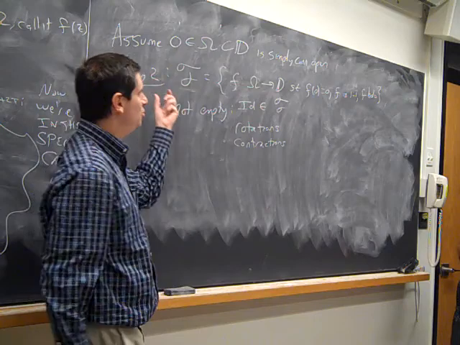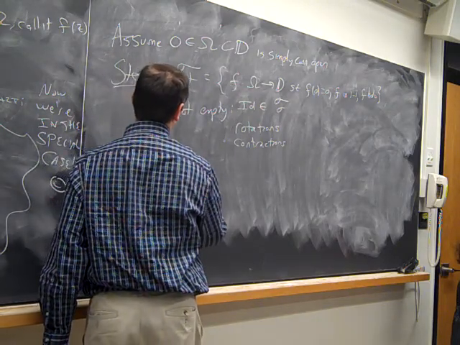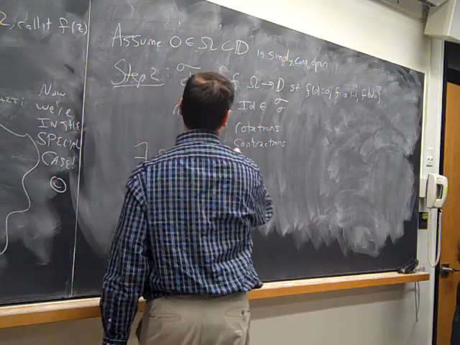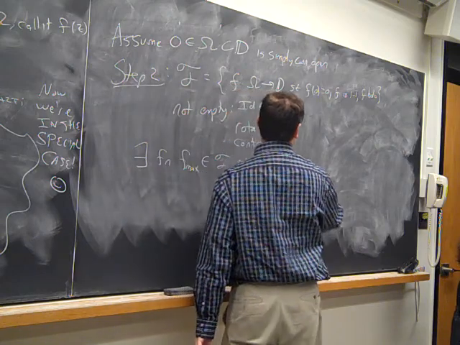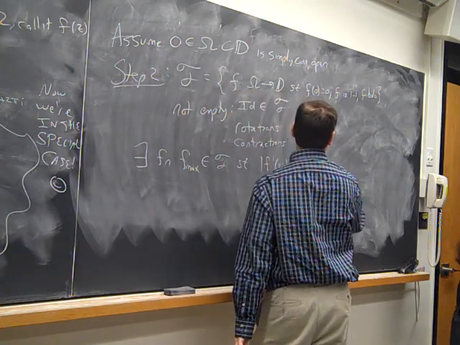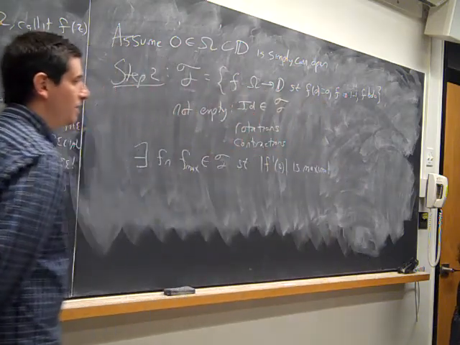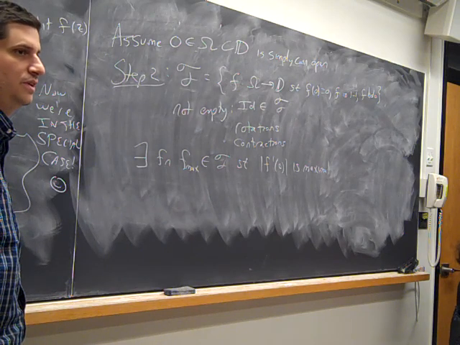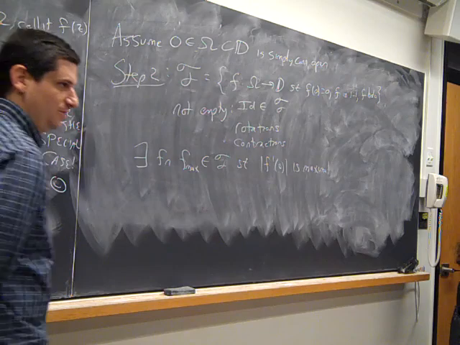So, step 2 is to show there exists a function f max in F such that f prime of 0 is maximal. So there is some function whose derivative is larger than every other derivative. This is what's going to be long and hard to prove.